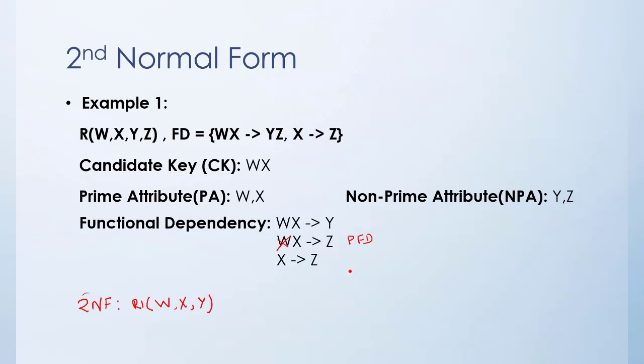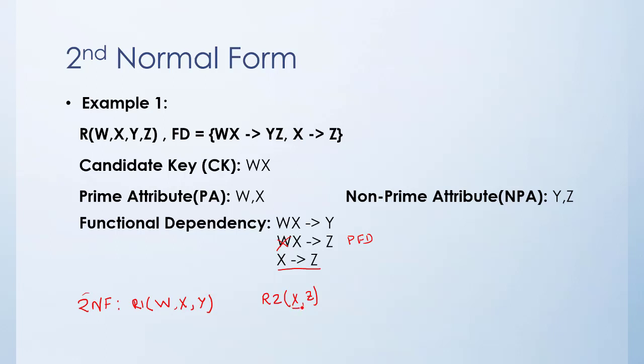So the next decomposition will be done depending on the functional dependency which is violating my condition of 2NF. We need to consider the attributes present in this functional dependency to create my next relation by decomposing R. So we are going to get Z.